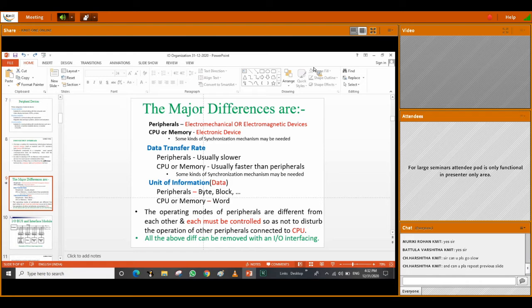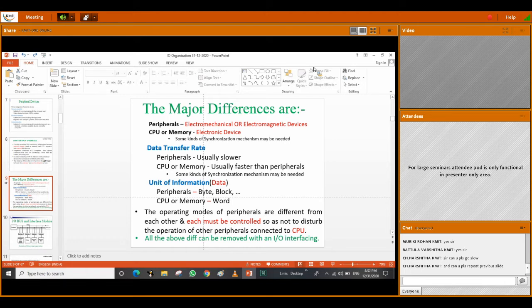Peripherals are electromechanical or electromagnetic devices, and the CPU is an electronic device. When transferring data, peripherals are usually slower and memory is usually faster than the peripherals.